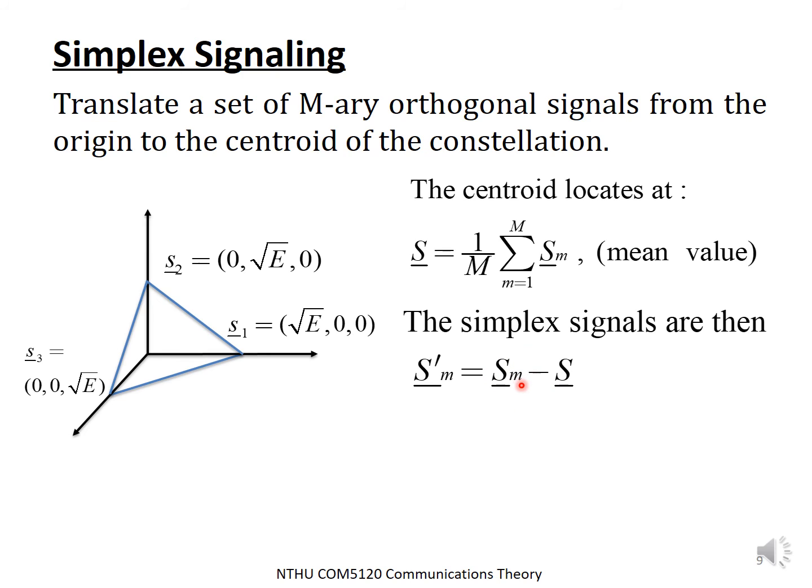Every symbol Sm is shifted by the same amount, so that it becomes a new pyramid of the constellation, but shifted by the same amount.